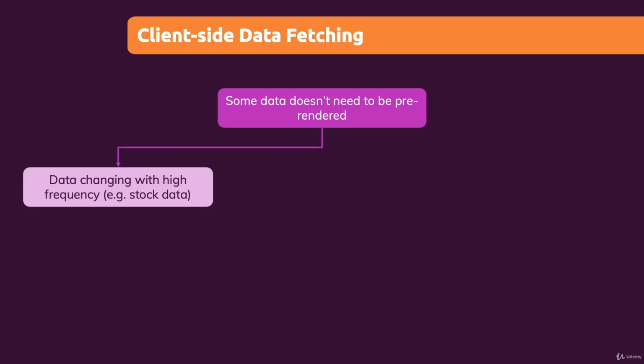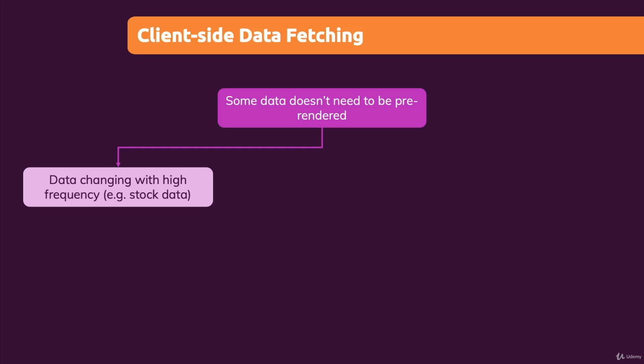So for example, if you have stock data which you show on some page and that data changes multiple times every second, pre-fetching and pre-rendering might not make too much sense because you will always see outdated data when you visit this page. So in such a case, just showing a loading spinner when you visit the page and then fetching the very latest data for you and maybe updating that data in the background then might be the best user experience.